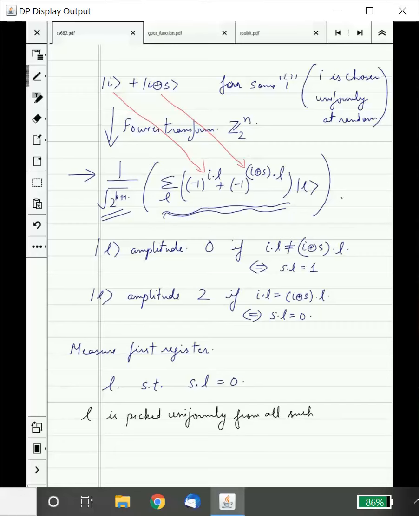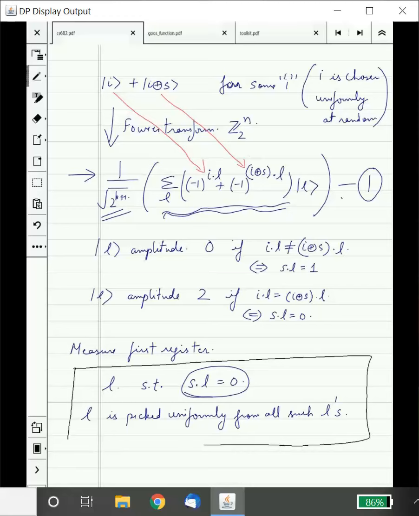Notice the amplitude for all L's which satisfy S dot L equal to 0 is equal in expression 1. Since the amplitude is equal, this shows the important fact that when I measure the first register, I will get an L such that S dot L is equal to 0, and each L is picked uniformly. Question is, how does it help?